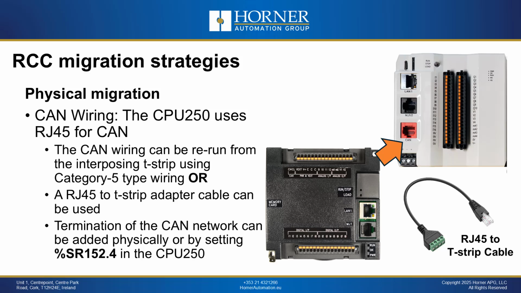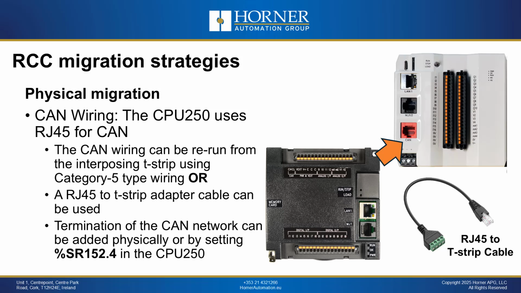So there are a couple ways of transitioning there. First of all, if you are using traditional CAN wiring and you would like to connect those wires to the CPU250's CAN port, well, you can use an RJ45 to terminal strip cable. This is an option that you do have.